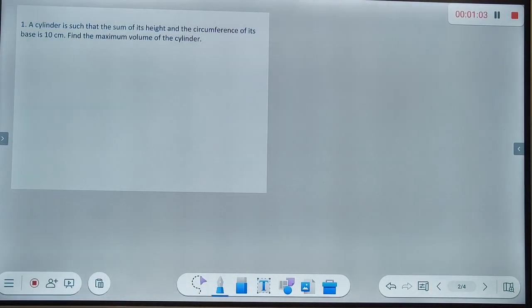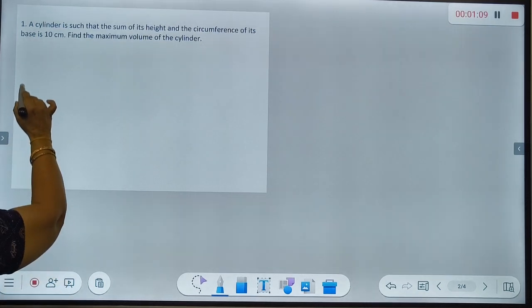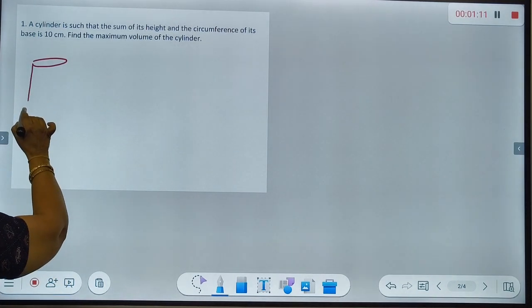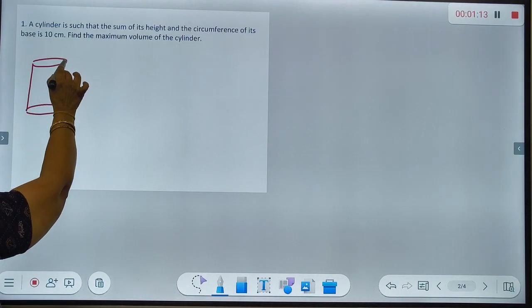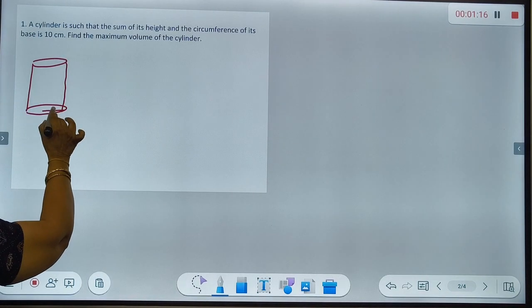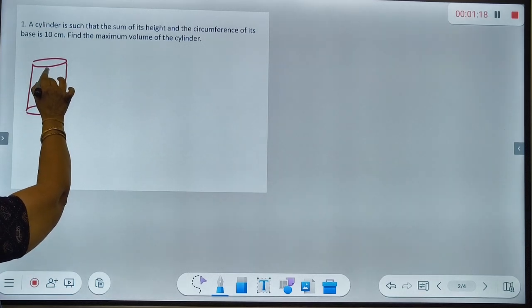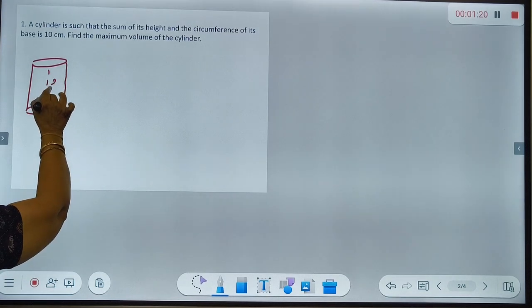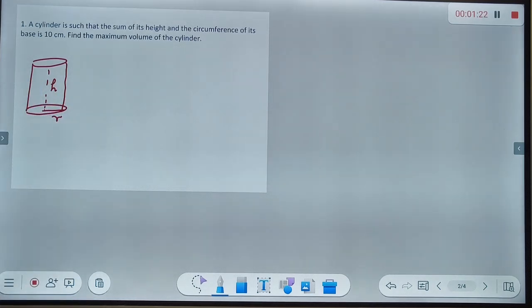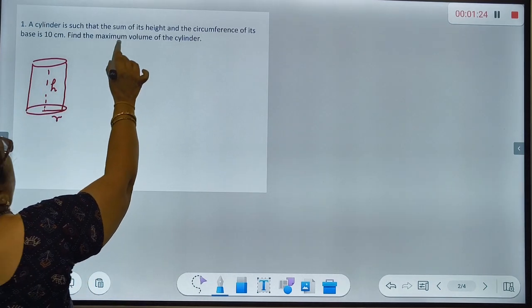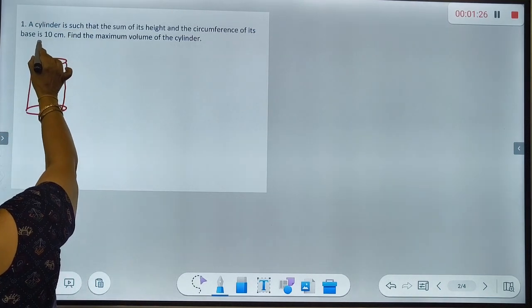A cylinder is such that the sum of its height and the circumference of its base is 10 centimeter. So you have a cylinder. Let the dimensions be R and H respectively. What is given?